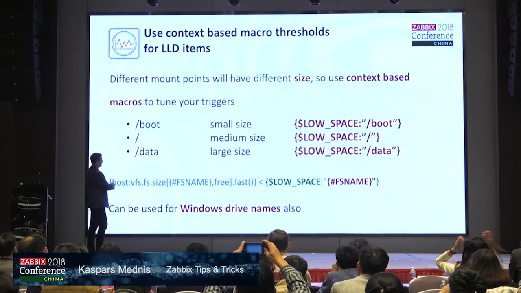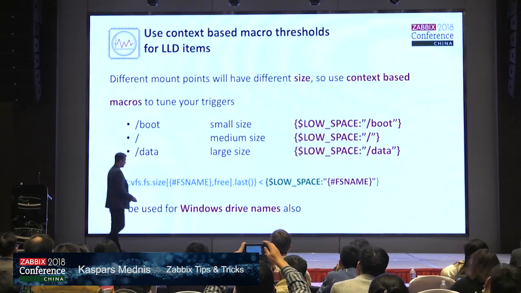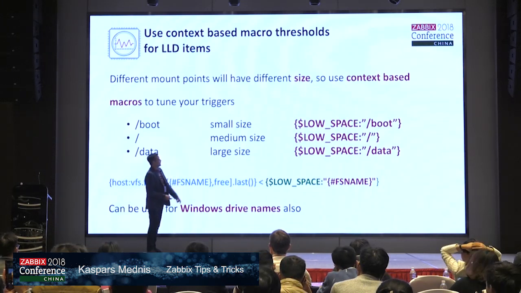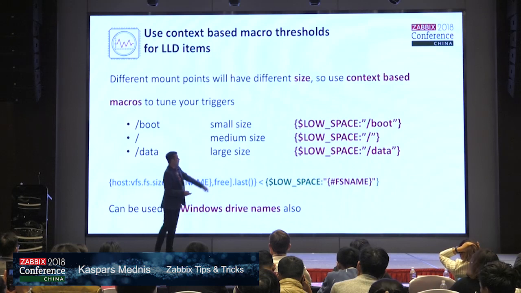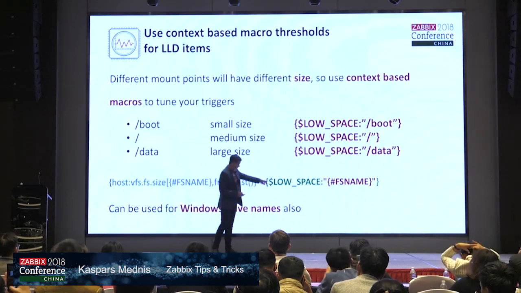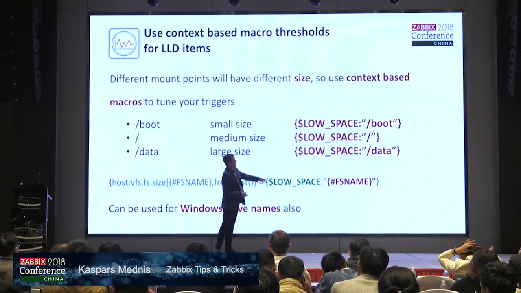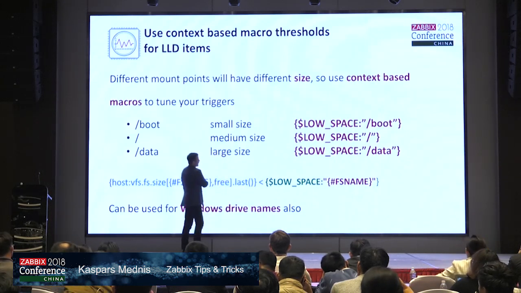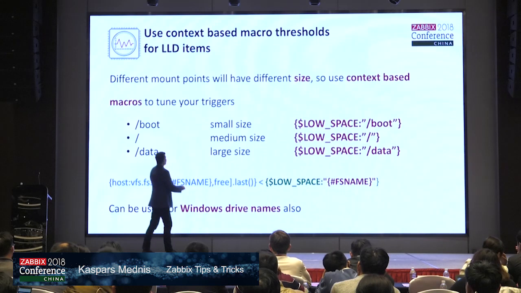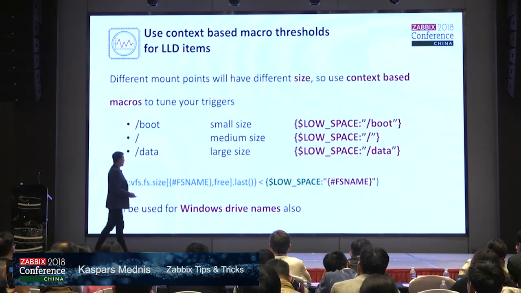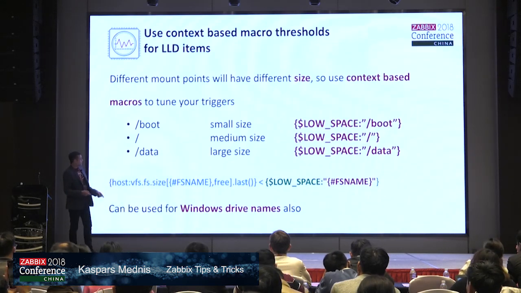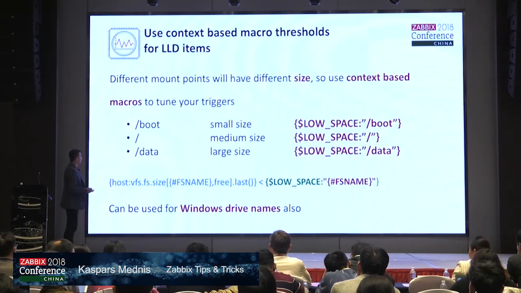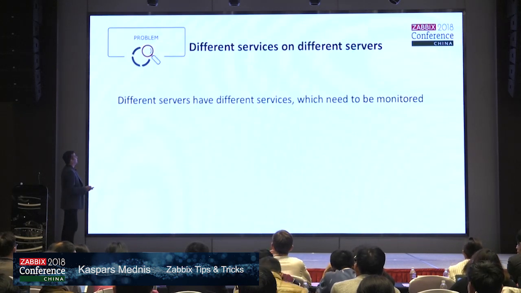So here, host file system, use the low-level macro here, and here is the expression, which will be replaced by the correct name, by boot, root, or data, or if this is unknown, then it will be replaced by the default value. And of course, this is a Linux example. You can use the same for Windows drives, C, D, and so on.